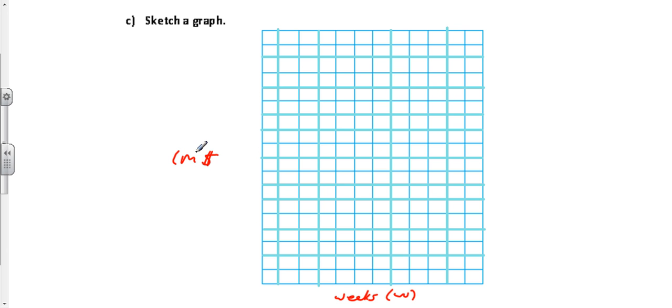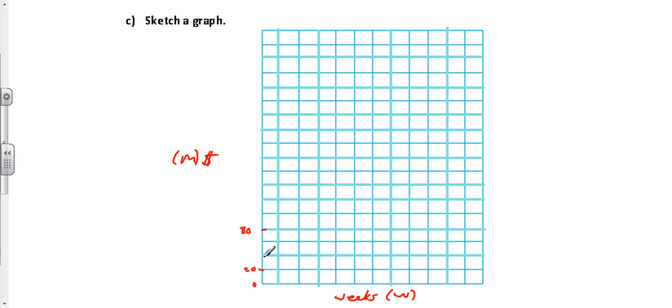Pretty big numbers here, so I'm going to jump by 20 each. It starts at 0, and it'll be 20, 40, 60, 80, 100. Whoops, I did that wrong. Glad I caught that. That wouldn't have been pretty.